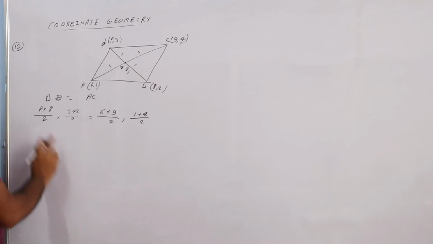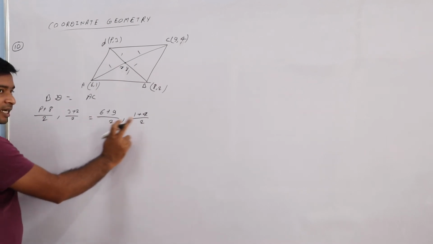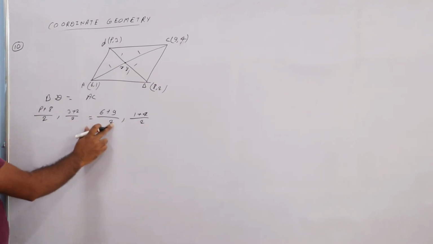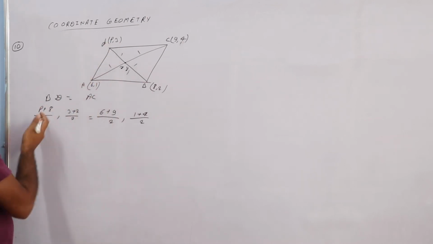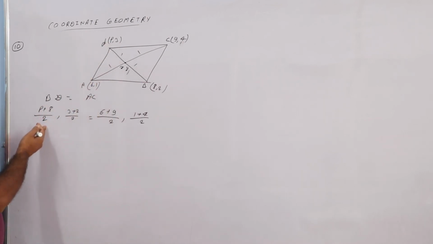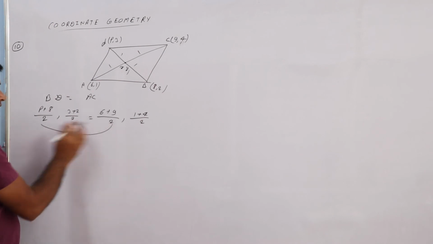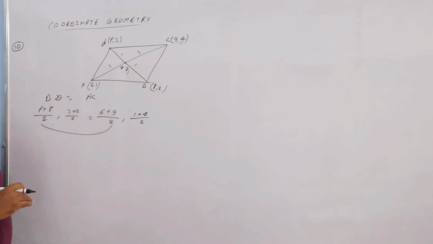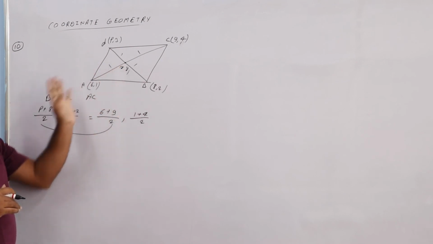Correct na? X coordinate, y coordinate. We should find the x only, because if you find x, we will get the value of P. So compare these two. This is also x, this is also x. Anyhow, for this point x will be the same only.